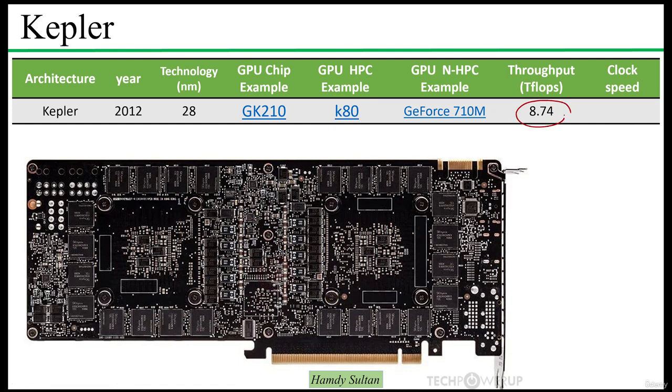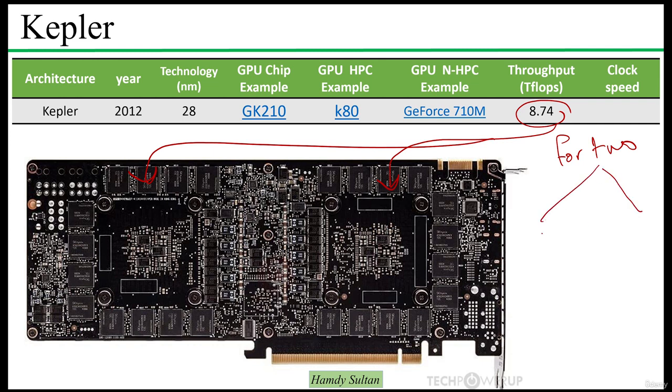This is a 6 times increase compared to the Fermi architecture. However, it's essential to note that this throughput value includes both chips. This means that each GK210 chip delivers roughly 4.1 teraflops.